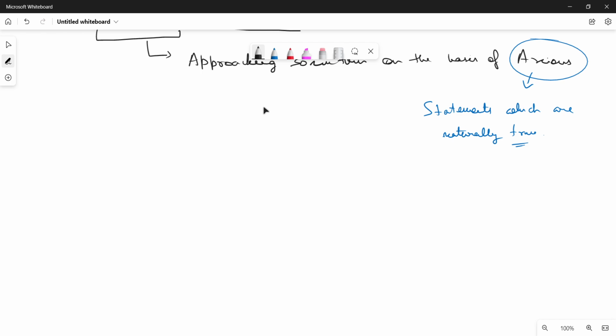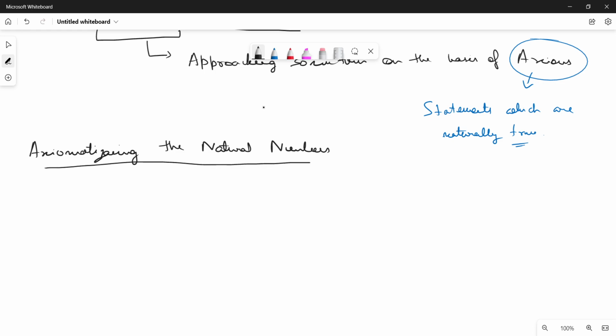So now let us start with axiomatizing the natural numbers. It basically means that now we are going to start constructing the axioms to create the natural number system.